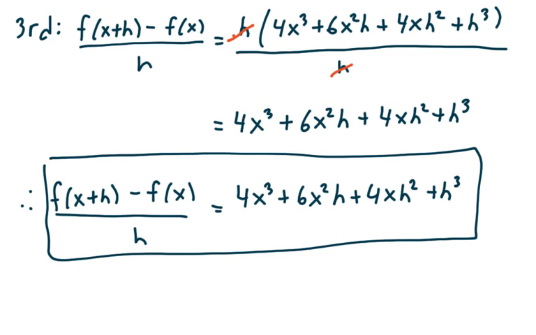Now, I have one final comment for this video. Some of you may wonder how I took x plus h and raised it to the fourth. Now, we can write this as x plus h to the second times x plus h raised to the second.